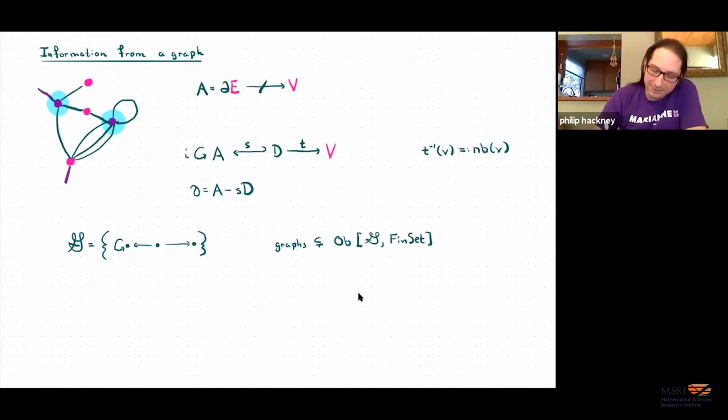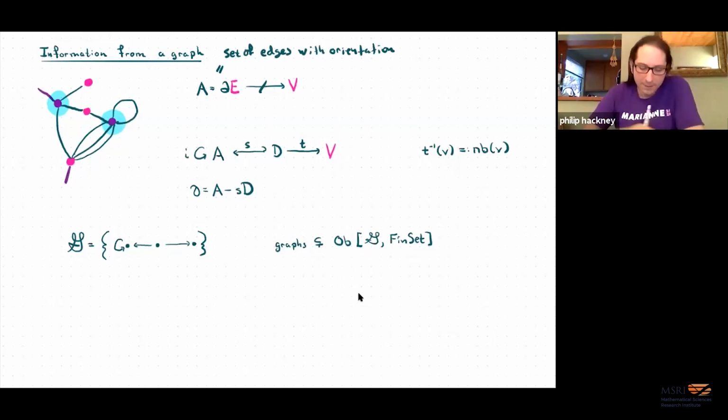Okay, so maybe a better thing to think about, if I want to recover the structure of a graph combinatorially, is the set of oriented edges. And that admits a partially defined map into the set of vertices, saying where that oriented edge points to.